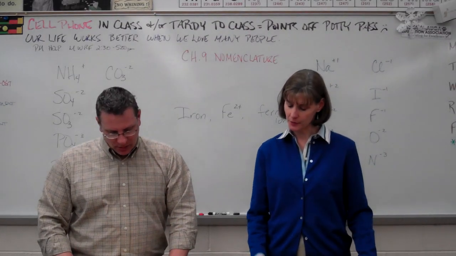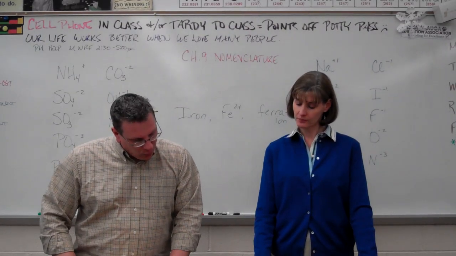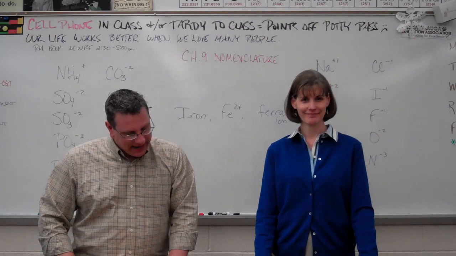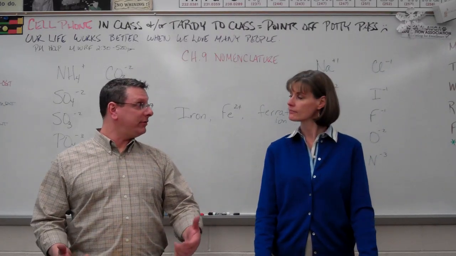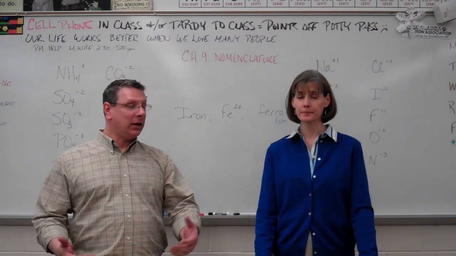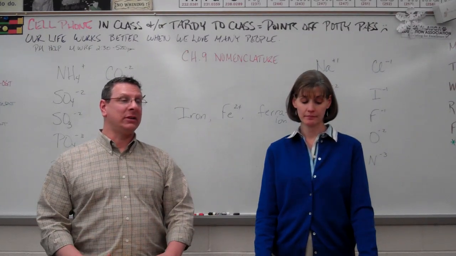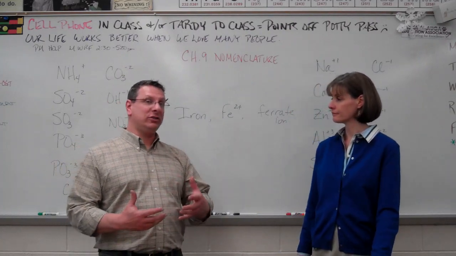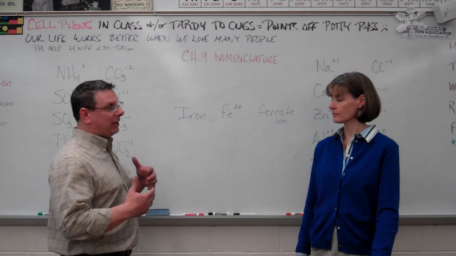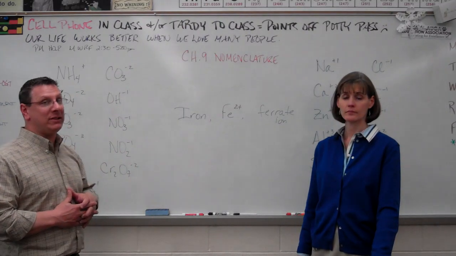Okay. Number 6. Number 6 is what the ate and ite endings of a compound indicate. This goes back to a little bit of vocabulary. Oxyanions end in ate and ite, and those suffixes refer to the number of oxygens that are present.